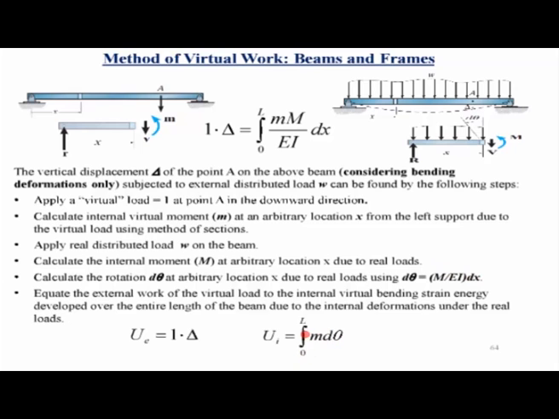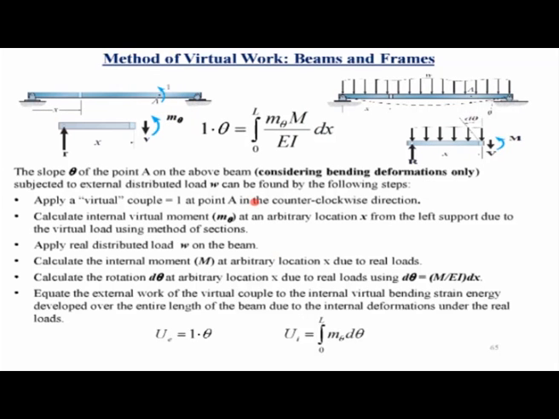So that is the final formula that you will get, where 1 is the virtual load, delta is the deformation at that virtual load application point due to the external loads, and this is the internal virtual strain energy due to the virtual load and the deformations due to the actual loads.